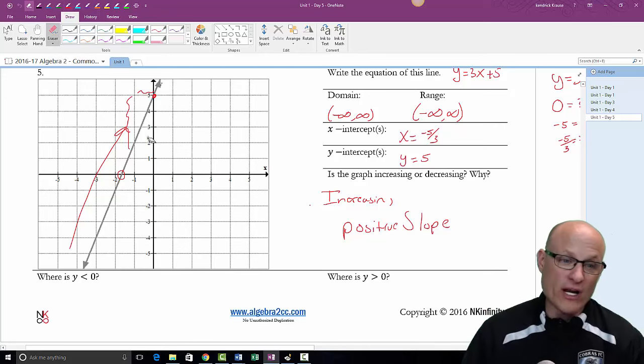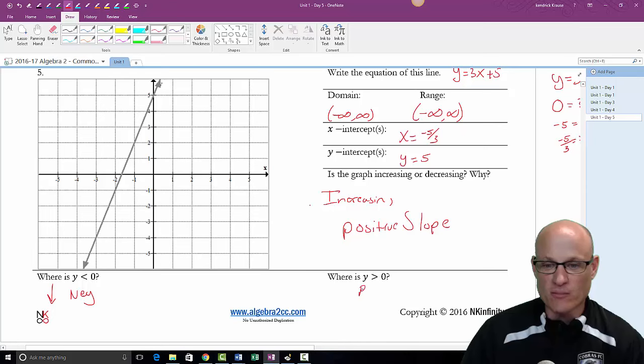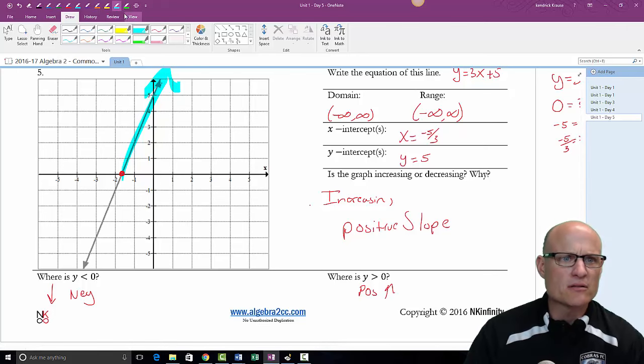All right, where is it greater than 0 and where is it less than 0? Remember, less than 0 means where it is negative, which is below the x-axis. Greater than 0 means where it is positive, or above the x-axis. Well, here's the cutoff point. From here up, it's positive, and from here down, it's negative. But we're really talking about the x value.